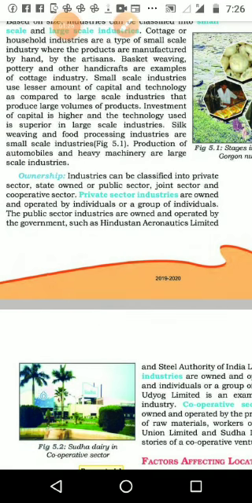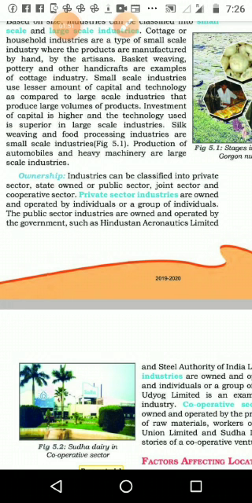Industries using 1 crore and above come under large scale industries. So 1 crore rupees is kept as the classification level: industries having investment of less than 1 crore come under small scale industries, and those having more than that come under large scale industries.